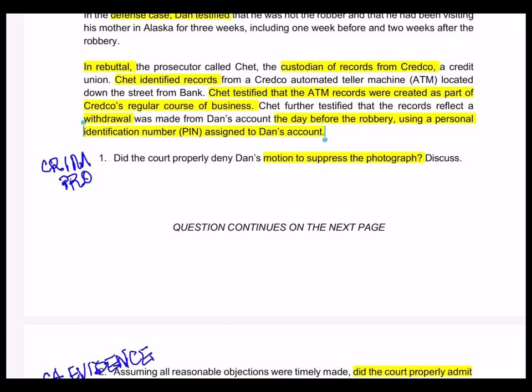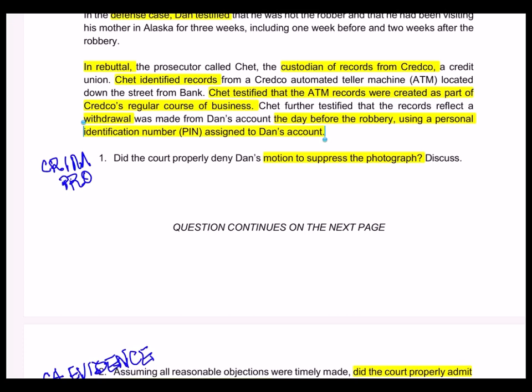So what else do I need to address on this one? Well, I think 352. I haven't addressed that yet in my answer, and I need to get it in here somewhere, and this seems like a good place. You could have done it in one of the other calls. It wouldn't matter as long as you get a 352 analysis in there. 352 is substantially the same as Rule 403 in the FRE.